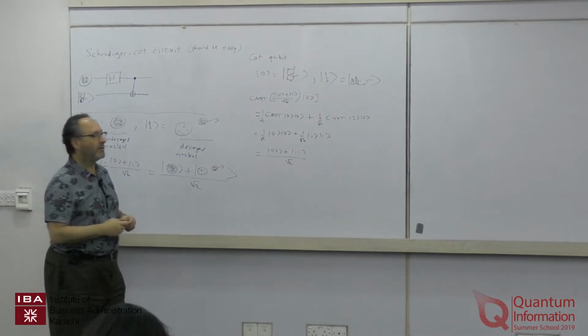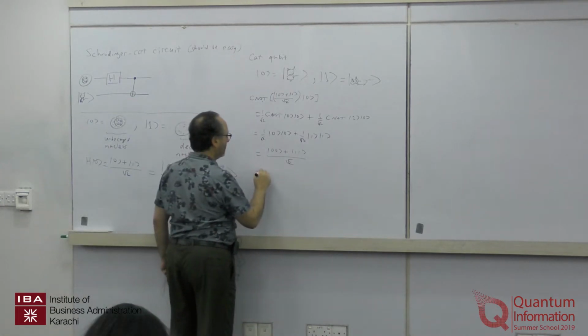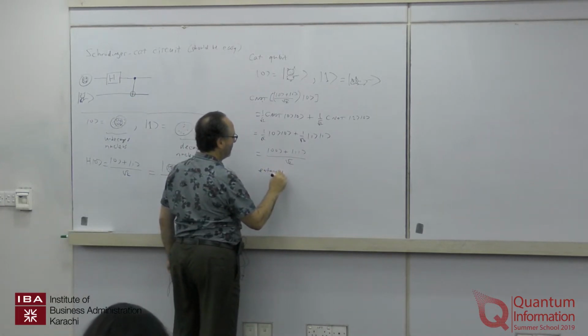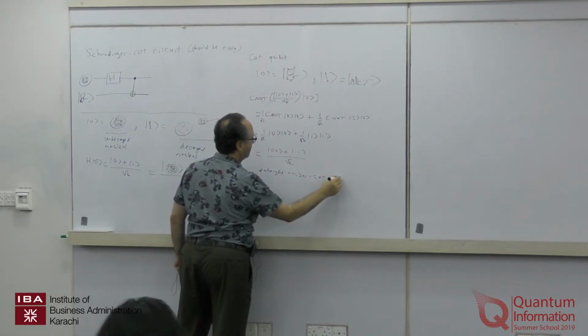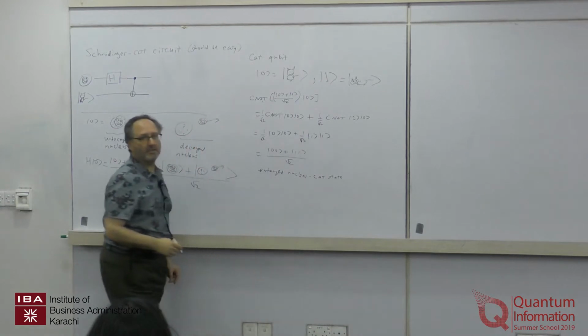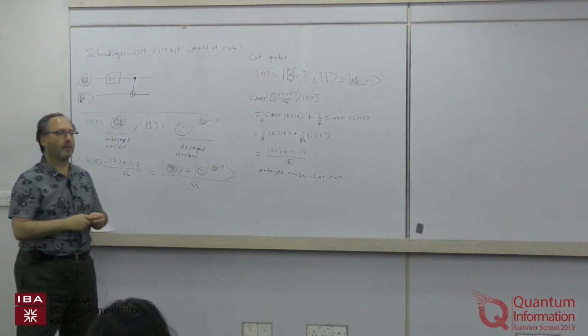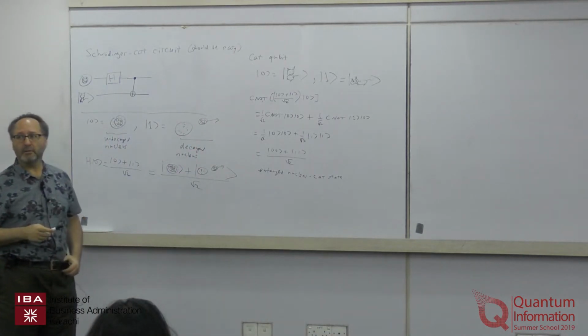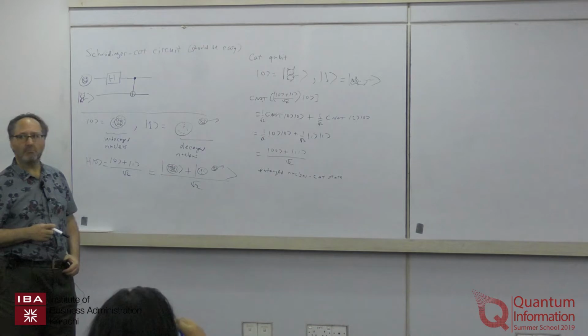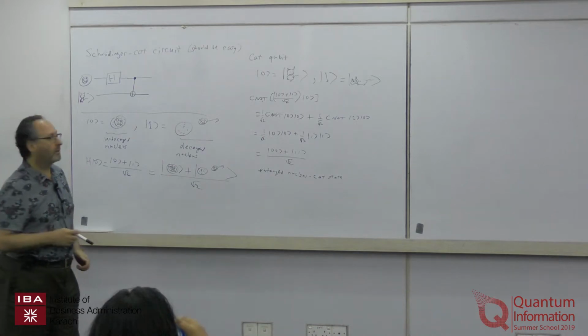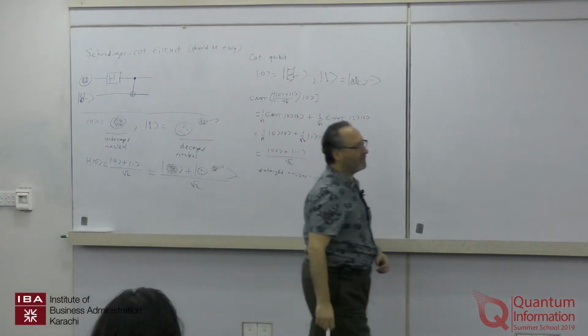And so that's the entangled state, the entangled nuclear cat state. So that's the easiest way to do that problem. Any questions about that? Clear? Okay, good. So that was just a starter.